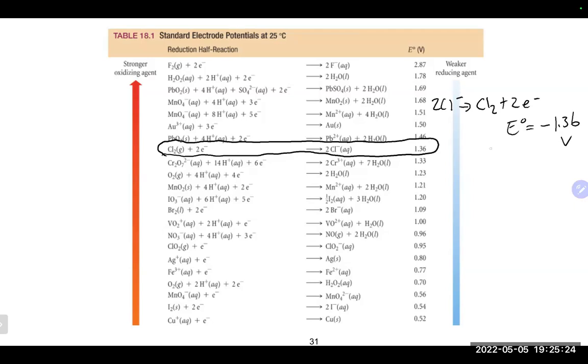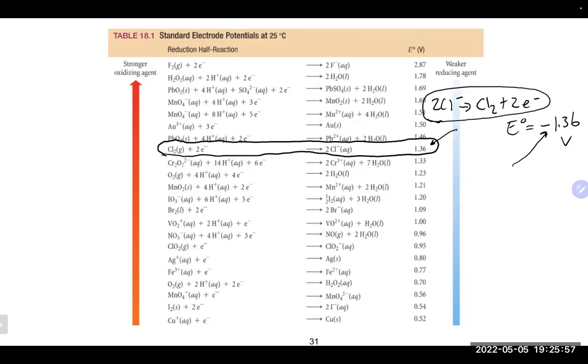The reason I point this out is if you are asked to give the potential for a reaction like this, the correct answer actually is with the negative value because it is written as an oxidation reaction. Just like the correct answer for this one, if you wanted the standard reduction potential, should be the positive version of it because it is a reduction potential. So technically speaking, when you write a half reaction, be it a reduction reaction or oxidation reaction, the E value that goes with it should be the appropriate one with the appropriate sign.